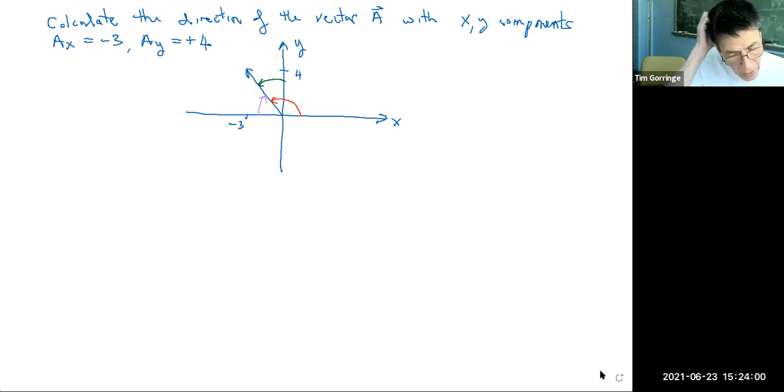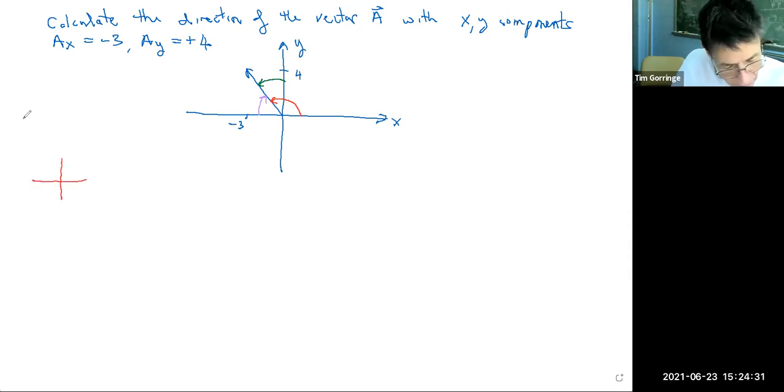In this case, I'm going to calculate all three angles using the inverse tan function, and we'll get some experience in using it.